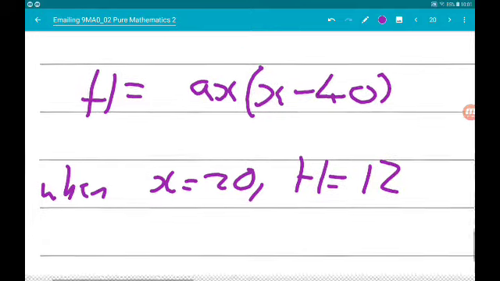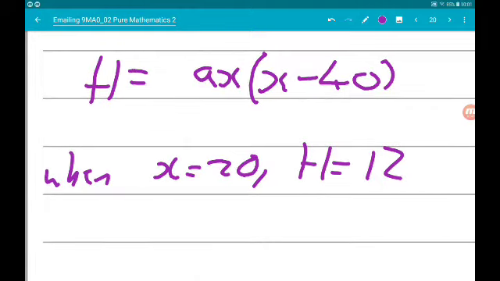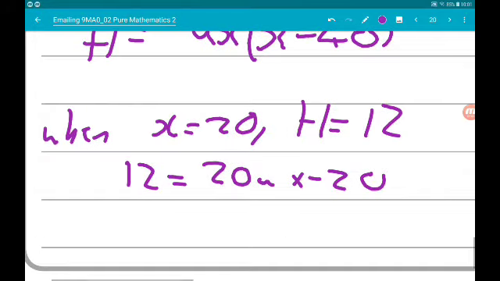So, substituting that in, we get 12 is equal to a times 20 times 20 minus 40. So that's going to be minus 20. So 12 is equal to minus 400a.